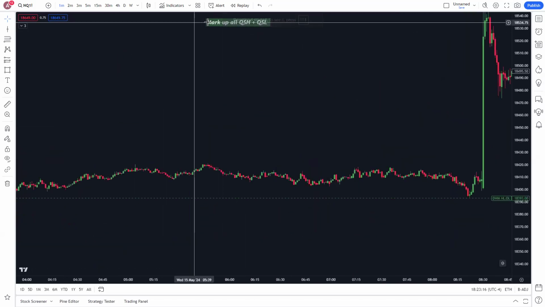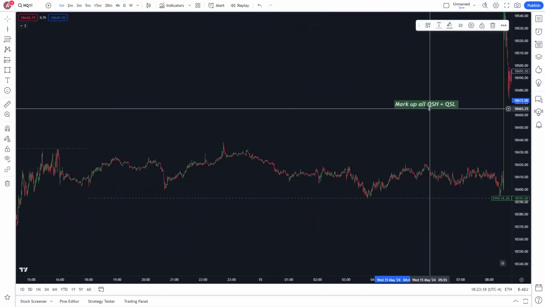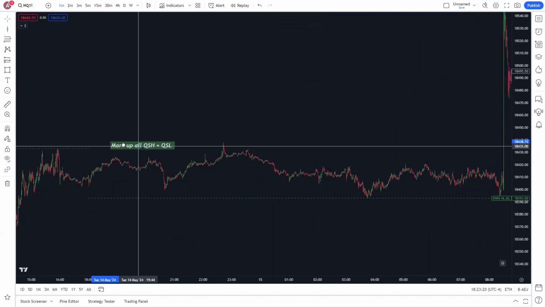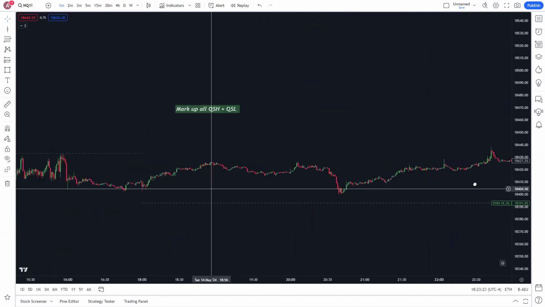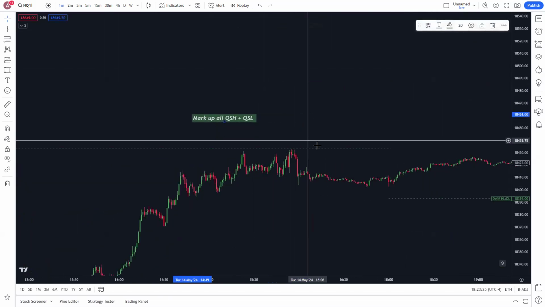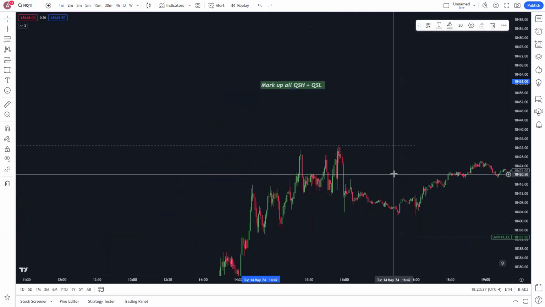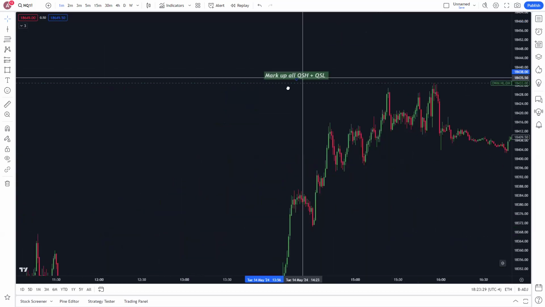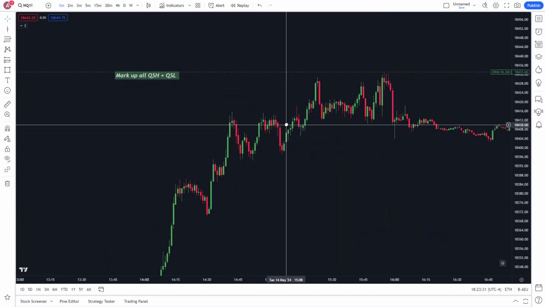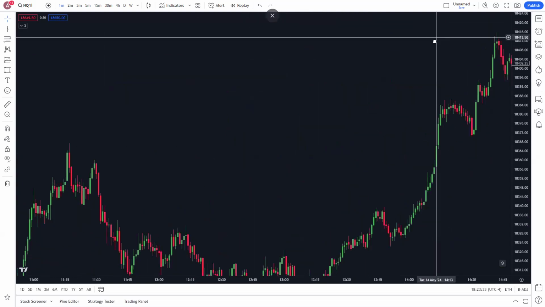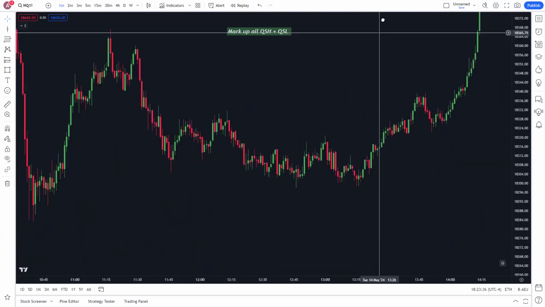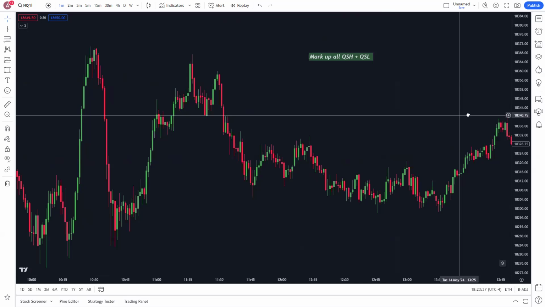Last but not least, we're going to mark the last section here. I found the price action I was looking for, you guys. Perfect.